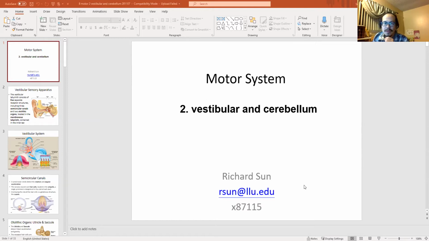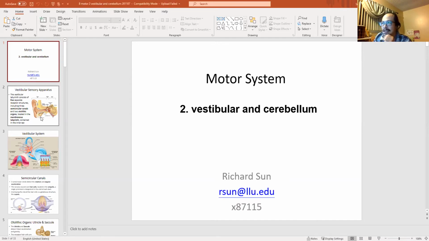This also takes in another part, which is the sensory. This sensory is the vestibular, and it is important to provide us the information about keeping body balance. So we will look into that.